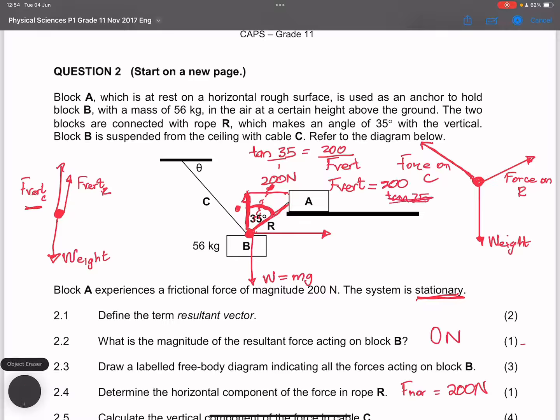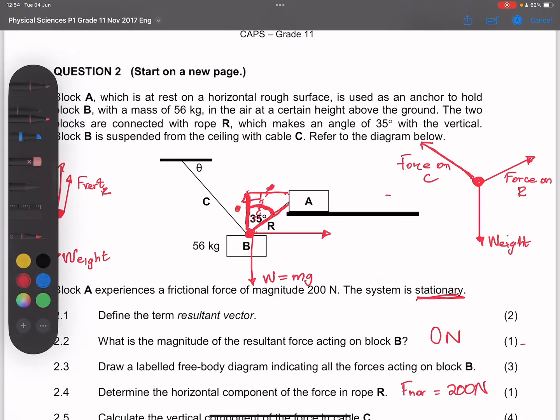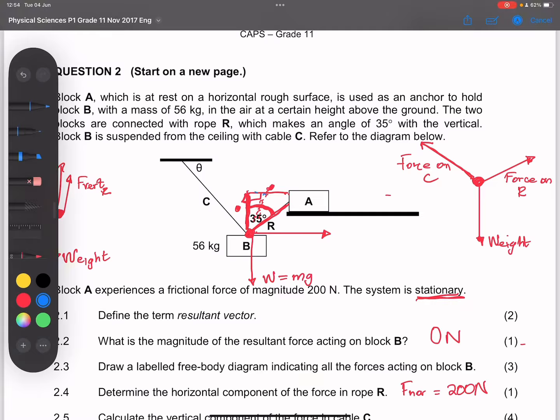So I want you to please note, in this case, what am I doing? I'm treating this as a 90-degree angle triangle, right? Let me just show you there. I knew that this side here was 200 newtons. That's what we said the horizontal component is. Because I'm looking for the vertical component, we used the tan, which is opposite over the adjacent side, which is this vertical component.